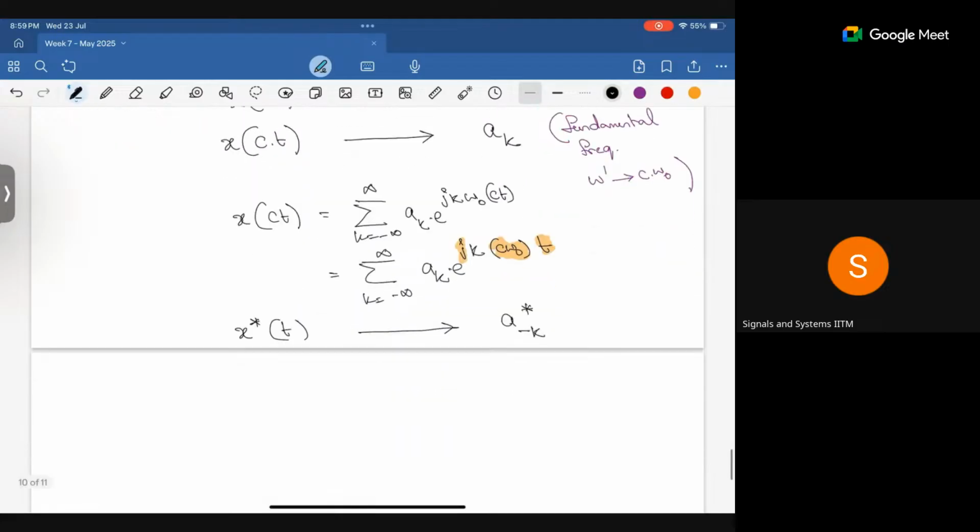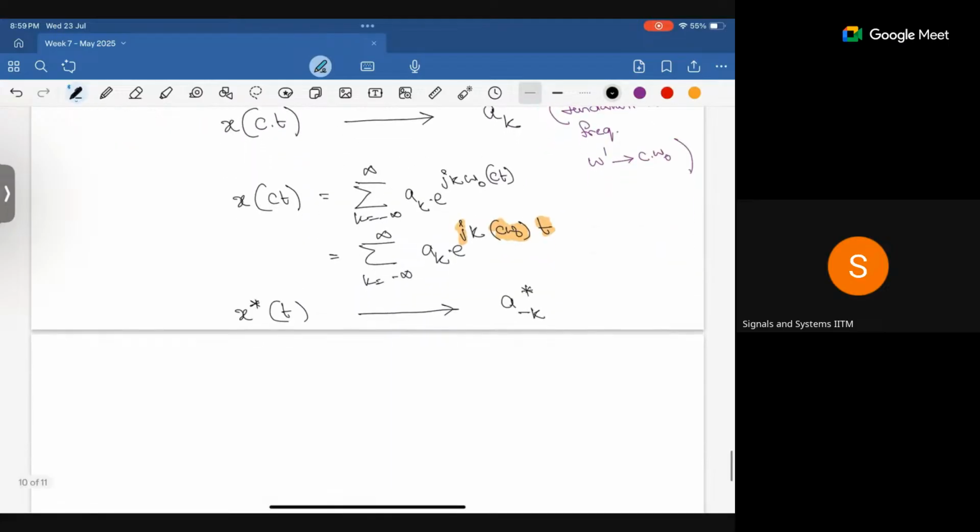If x of t is real, as I mentioned, it's a special case, so conjugation is redundant. So x of t will be equal to x star of t, which implies that ak is equal to a minus k star.